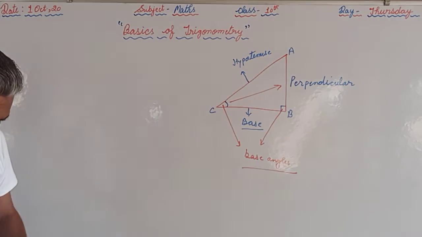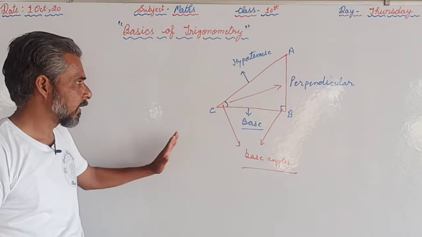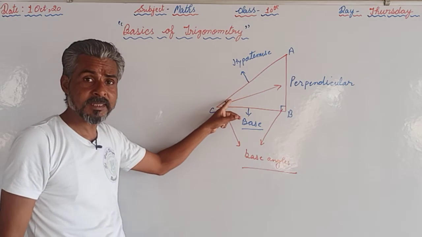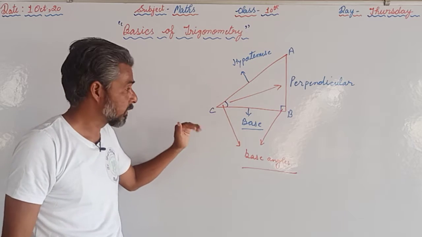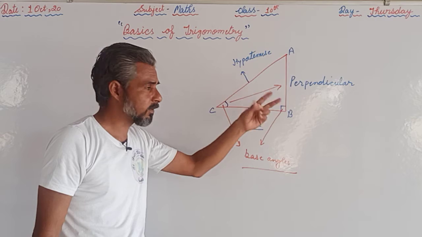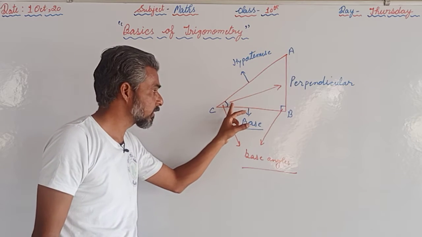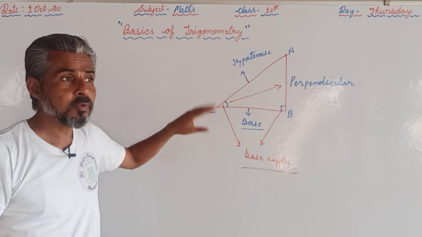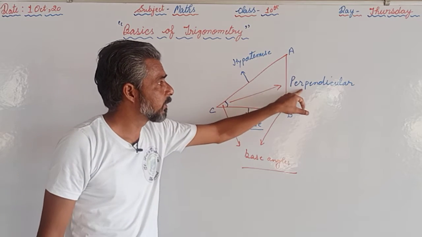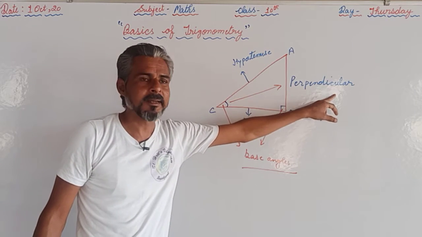So here you are supposed to be careful regarding the selection of perpendicular and base. The angle which we are supposed to consider is the acute base angle. There are two base angles, one is the 90 degree angle and the second one is the acute angle. So the side opposite to the acute base angle will be the perpendicular, and the third side will be the base.